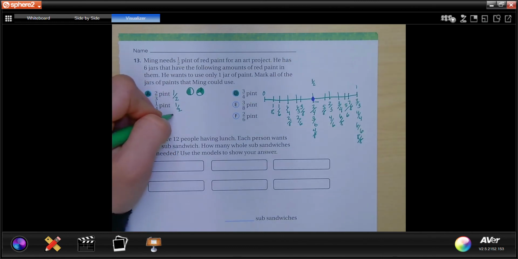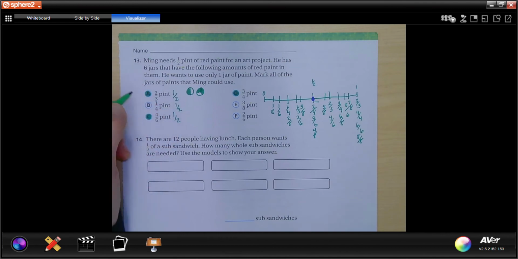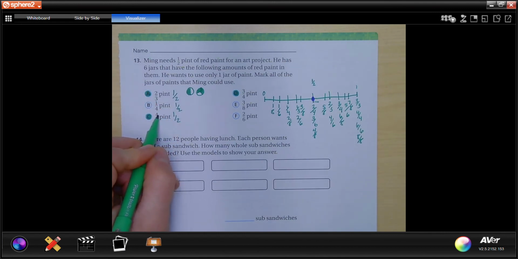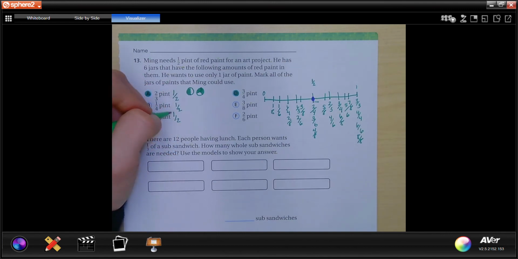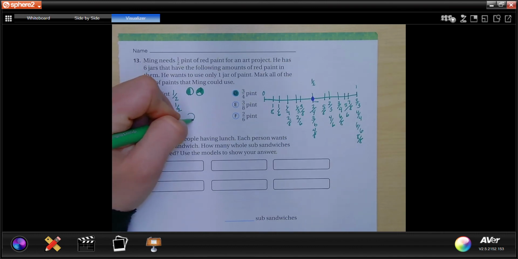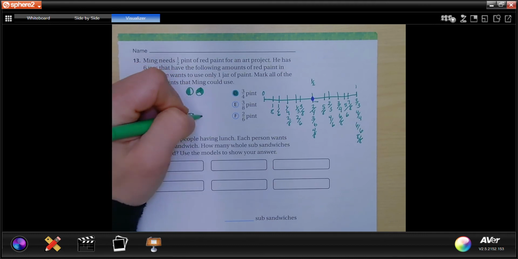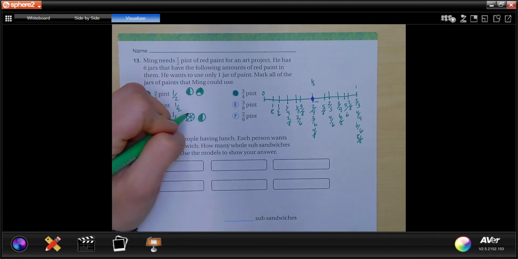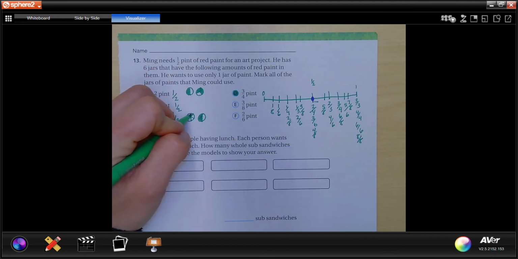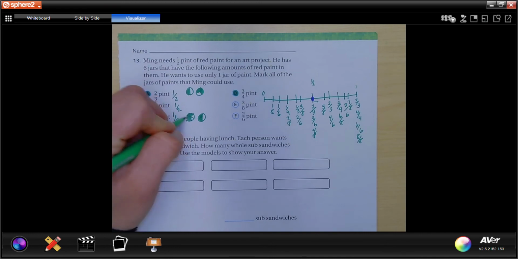4/6 with 1/2 pint. It doesn't have the same numerator or the same denominator, so let's do missing pieces. So we have sixths and we have halves. Here's our half. Then we have 4/6. There's half, but then we need a fourth.